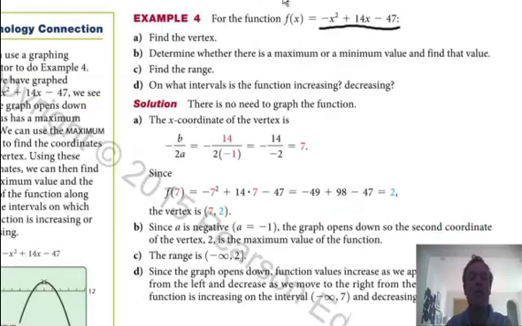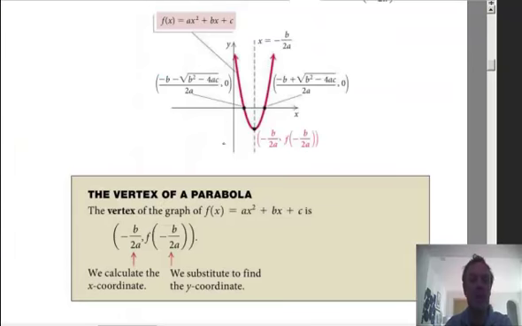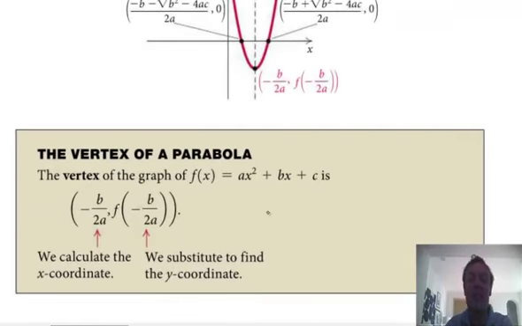But when it's in the standard form, you can do a little trick. The vertex occurs at negative b over 2a. It comes from the quadratic formula. Negative b over 2a is the x-coordinate of the vertex, and once you've found it, if you put it back into the equation, it'll give you the equivalent y. So you find the xy coordinate of the vertex by doing negative b over 2a.